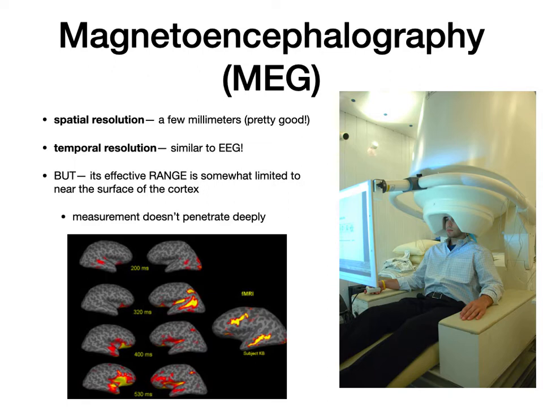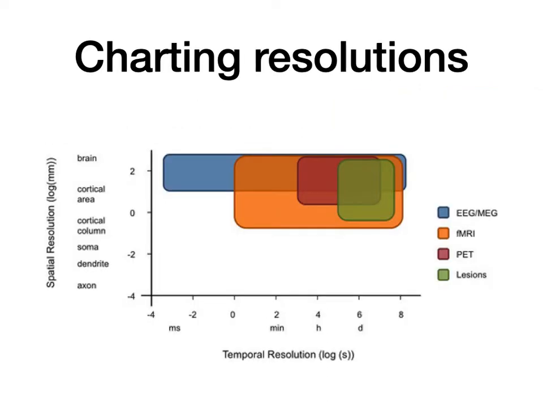But let's just lay these all out together. So resolutions: on the x-axis we have the temporal resolution of a technique, and on the y-axis we have the spatial resolution. So EEG and MEG, they kind of stick to the top level of the brain and sort of cortical areas. MEG is much stronger. That's not represented here very well. But fMRI is able to go a little deeper in terms of the spatial resolution.